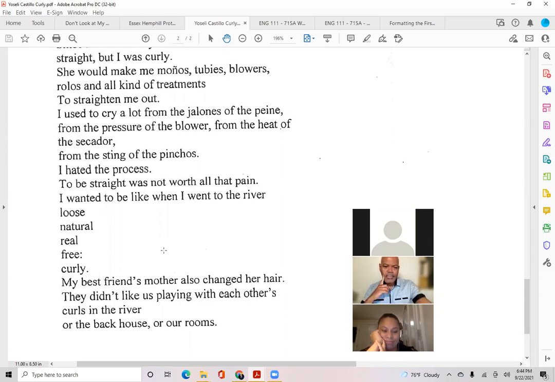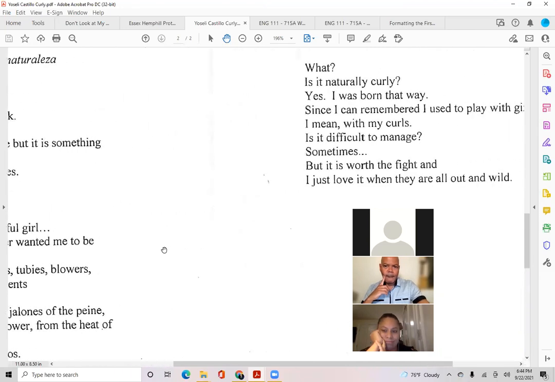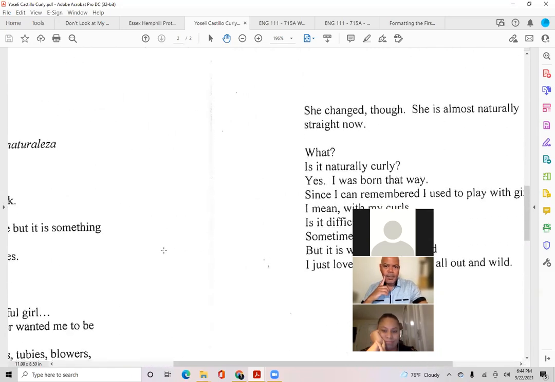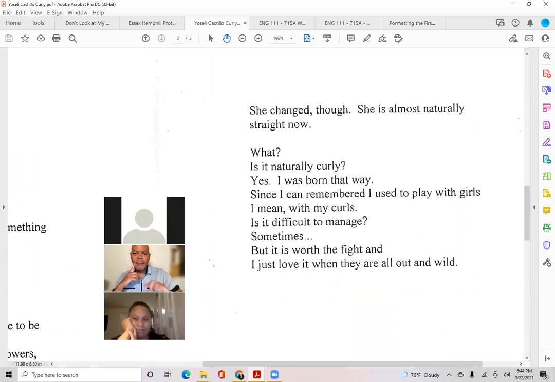They didn't like us playing with each other's curls in the river, or the back of the house, or our rooms. She changed though. She is almost naturally straight now. What is naturally curly? Yes, I was born that way.